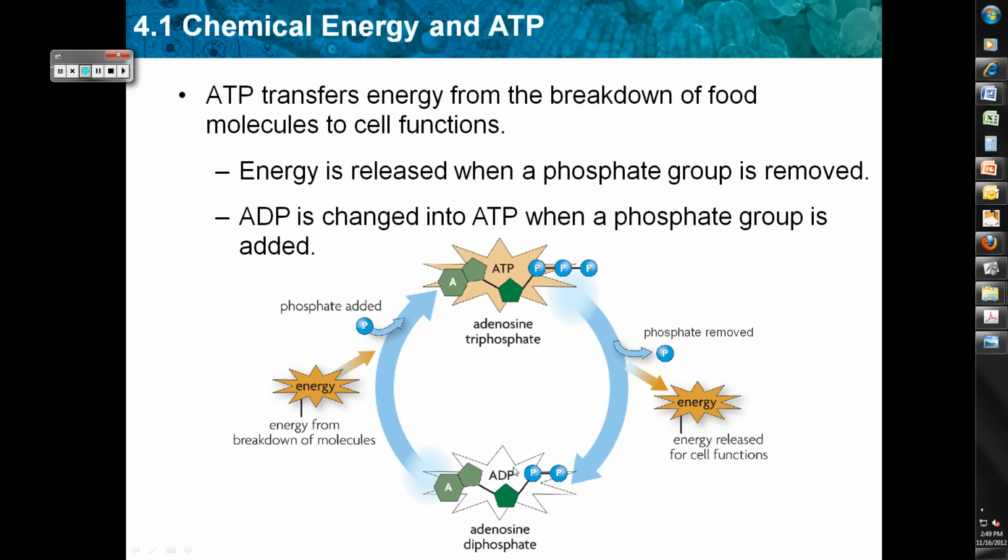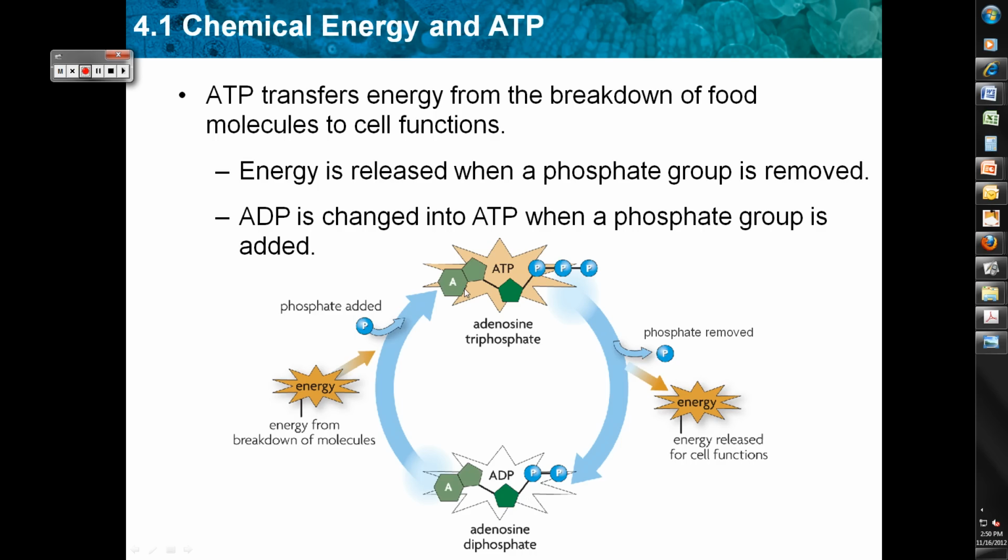So your body takes ADP, this uncharged battery, adds energy from the food that you eat, which basically adds a phosphate group onto the ADP, making it now triphosphate. And we'll talk about why ATP has so much energy, whereas ADP has a lot less, in the next slide.